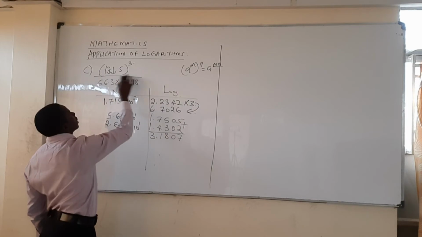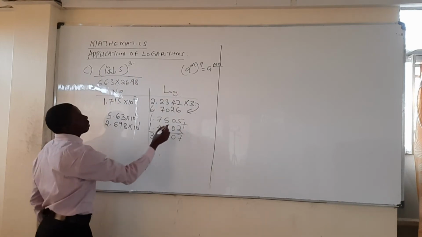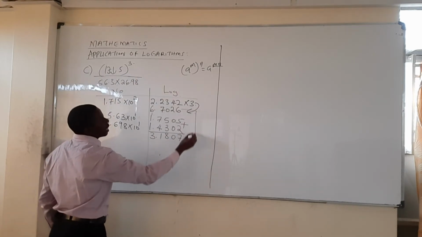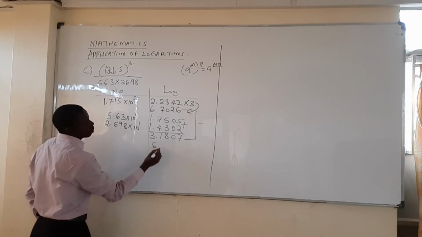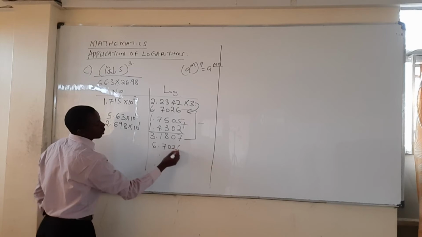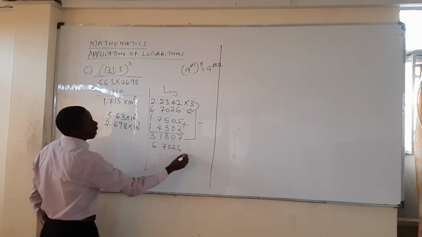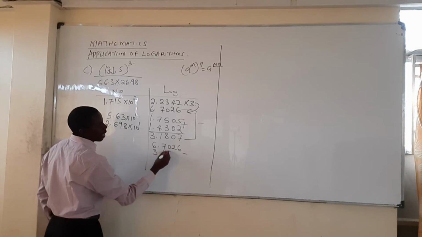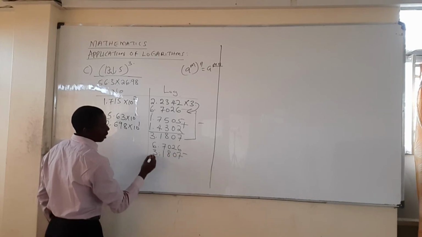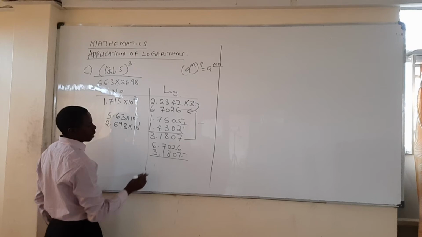So this is a division sign. So we take what we have in the numerator and what we have in the denominator, we subtract the two. So we have 6.7026, we subtract the denominator 3.1807. You see what we're going to get.